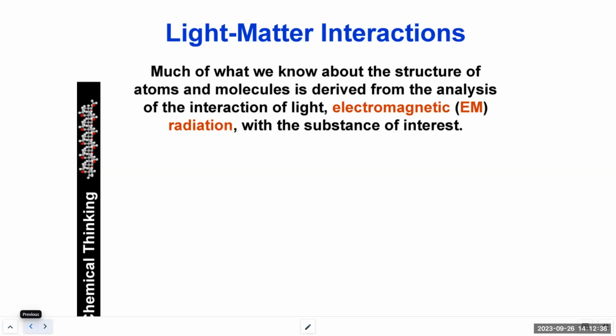The study of light-matter interactions in the forms of absorption and emission is known as, anybody who read the textbook, what do we call this? We call this spectroscopy. That's what we'll be doing today.